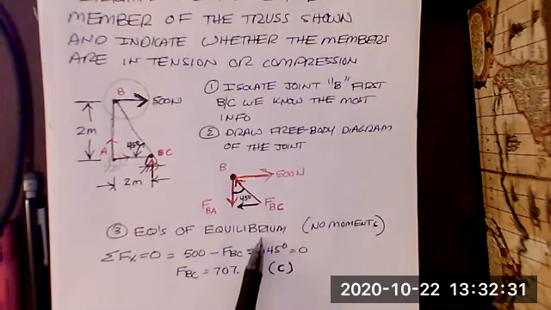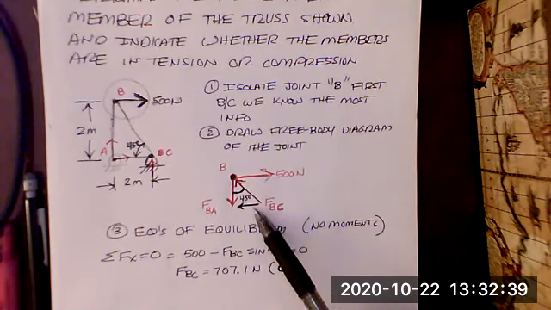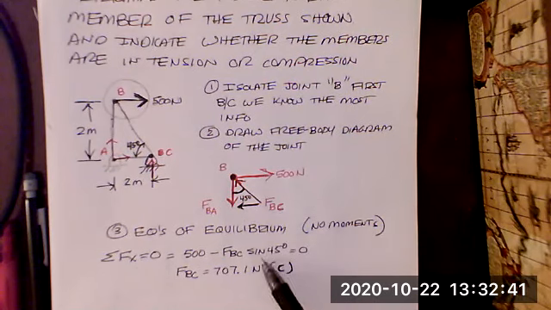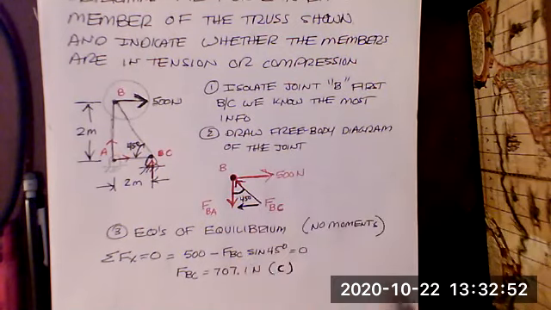Okay, one more time. Equation of equilibrium, sum of the forces in X. We got 500 going to the right. Then we have FBC sine of 45. Every problem we've done up to this point has always been cosine to get the horizontal, but that's because we've always used this angle here normally.